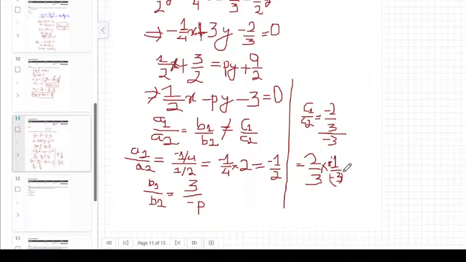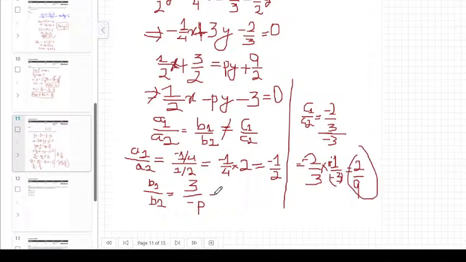So this will be equal to 2 by 9. So it is different from minus 1 by 2, so that is clear.